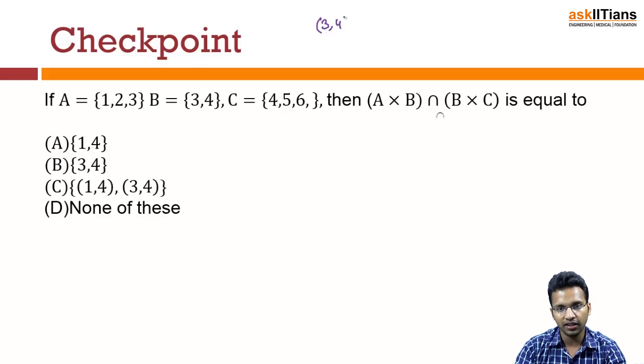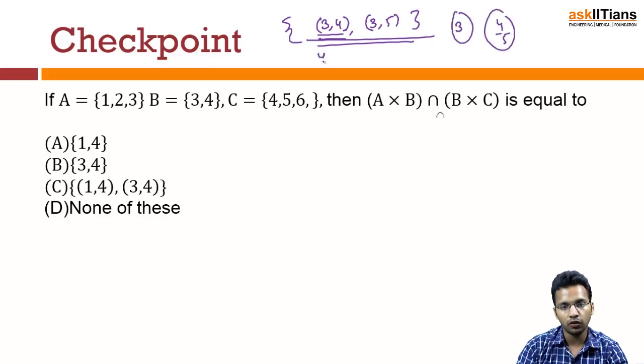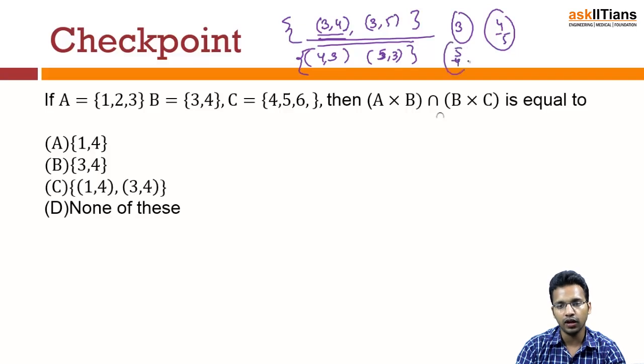The ordered pair means that if I am writing (3, 4) and (3, 5), this is a Cartesian product, so the original sets will be {3} and {4, 5}. Now if I write (4, 3) and (5, 3), it's a different one. The first set becomes {4, 5} and the second {3}.